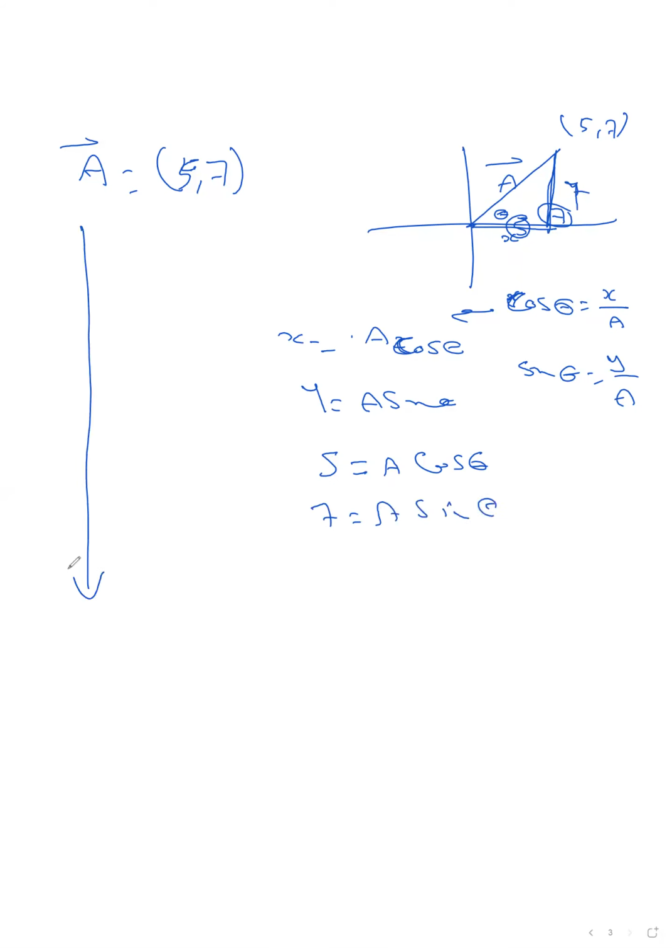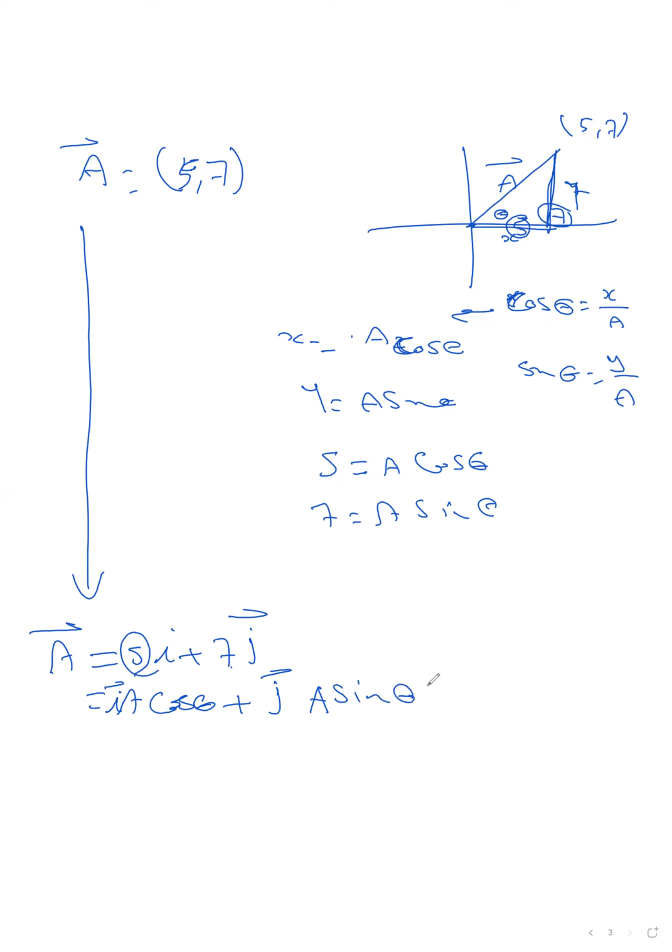If you substitute in this vector and you write the vector as A equals 5I plus 7J, you can replace 5 as A cosine theta, and this is I plus vector J, and 7 is A sine theta. And you can write the vector by any form.